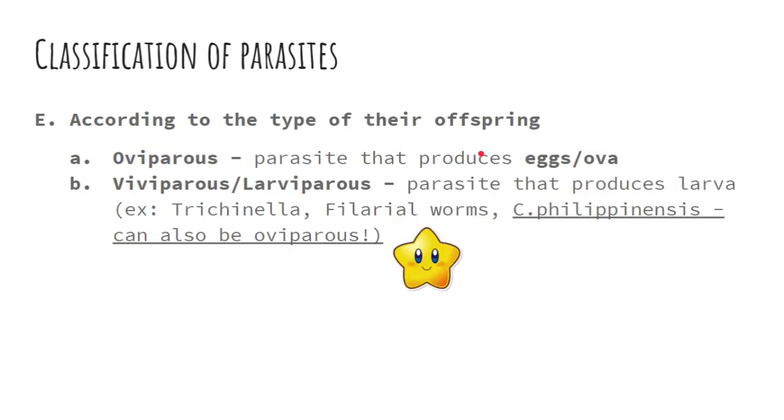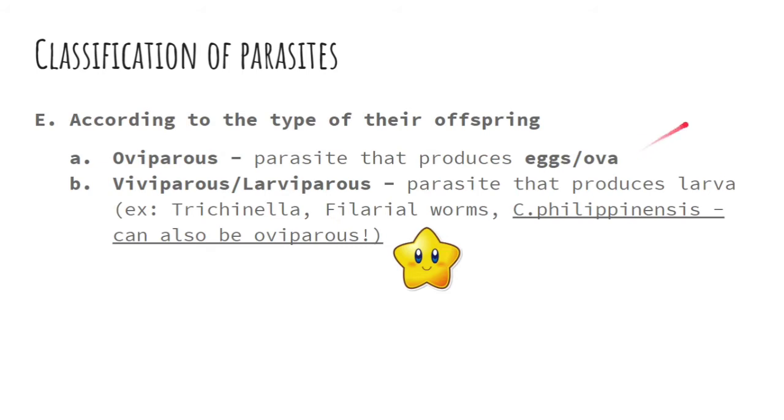Next. We can also classify the parasites according to the type of their offspring. We can denote the term oviparous, wherein if the parasite produces an egg or ova. Kaya po siya ovi eh. Yung ovi kasi is ova. So, once a parasite is an oviparous one, ang napoproduce po nito is diretsong eggs or ova. Okay?